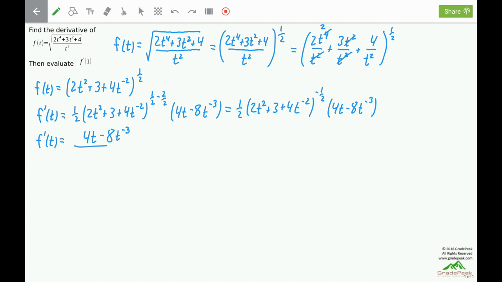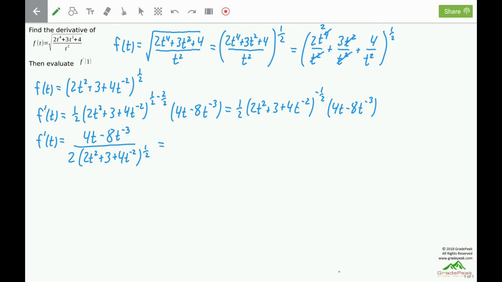And in the denominator, we're going to have a 2 already down there, and we're going to have a 2t squared plus 3 plus 4t to the -2, and it will all be raised to the positive 1/2 power.